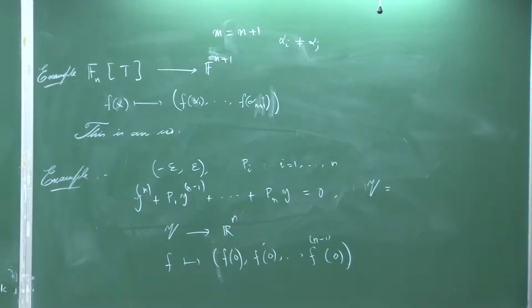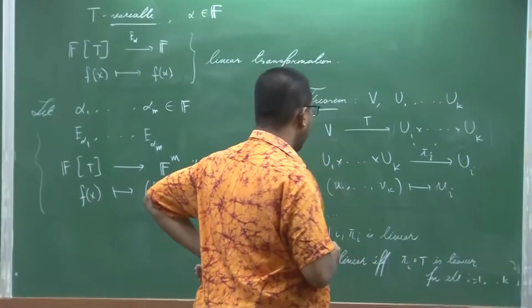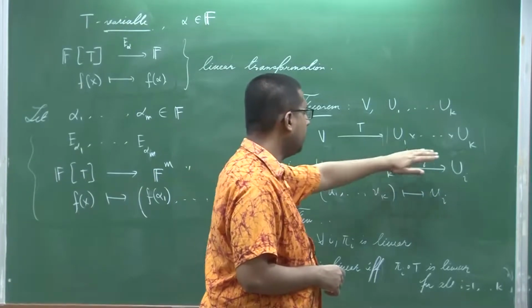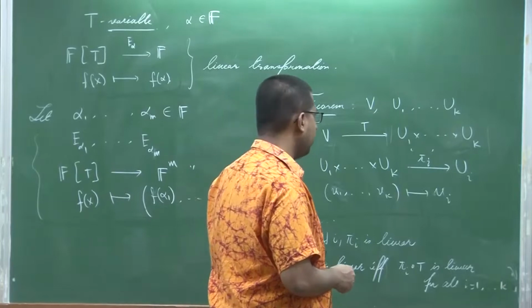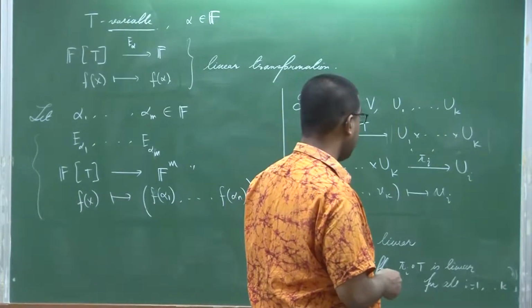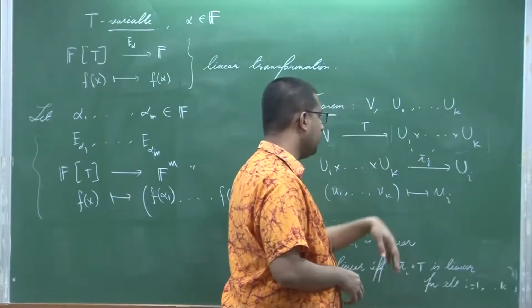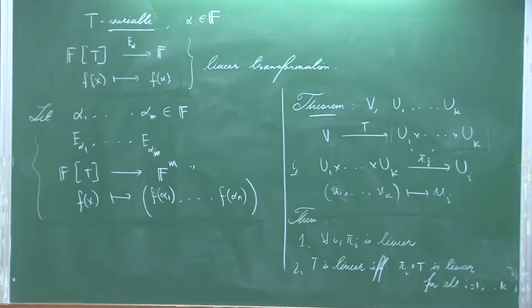So, let me see whether I have something to say in this regard or not. We proved that a map onto a space of Cartesian products is linear if and only if the compositions of that map with all the projections are linear.